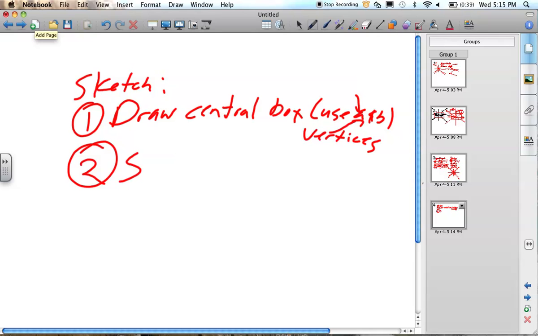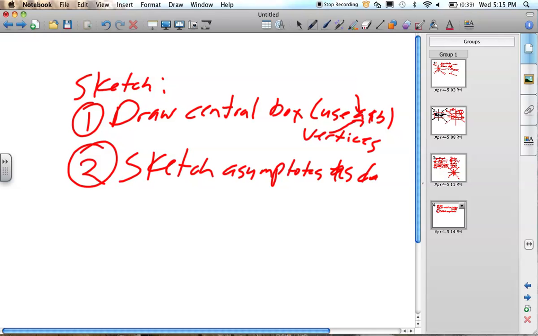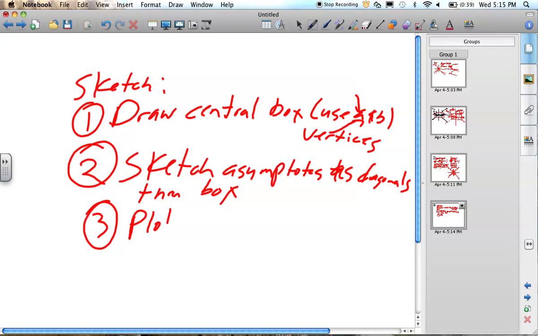Step 2, then sketch your asymptotes as the diagonals through the box. Step 3 is to plot your vertices.